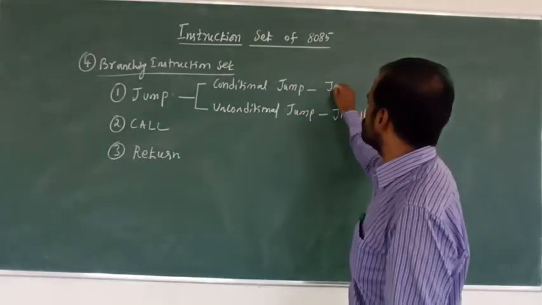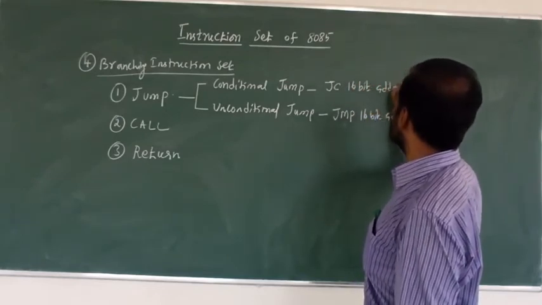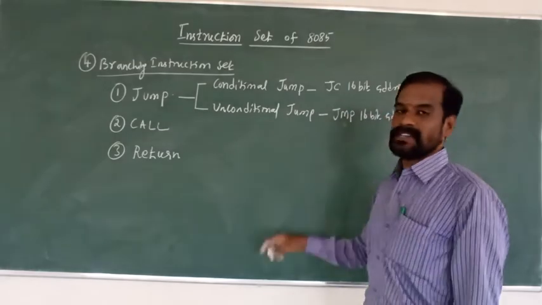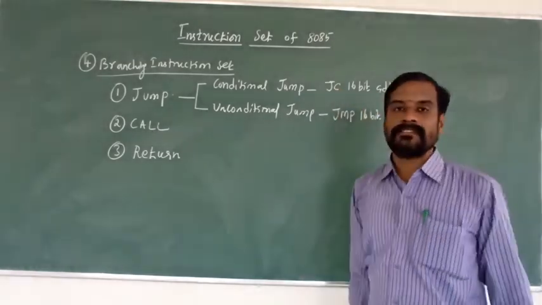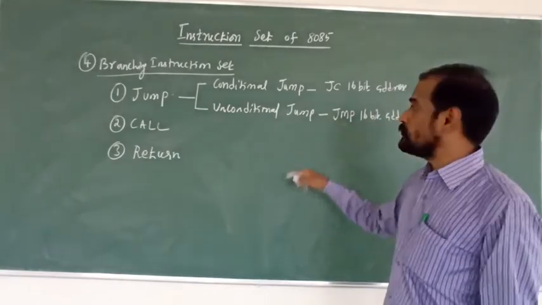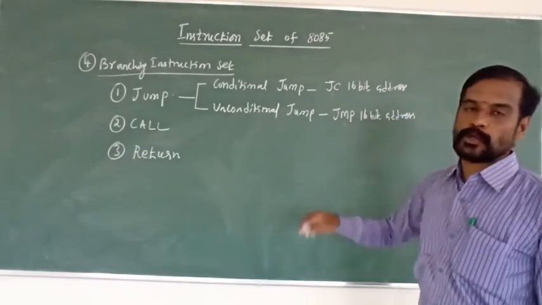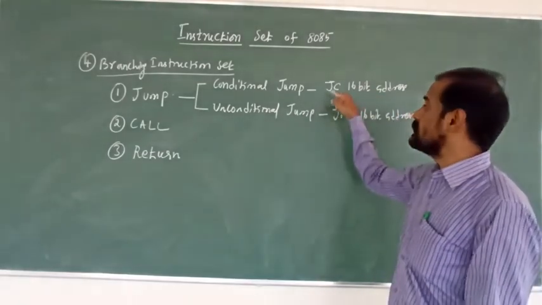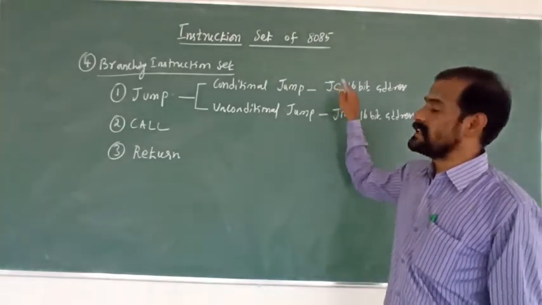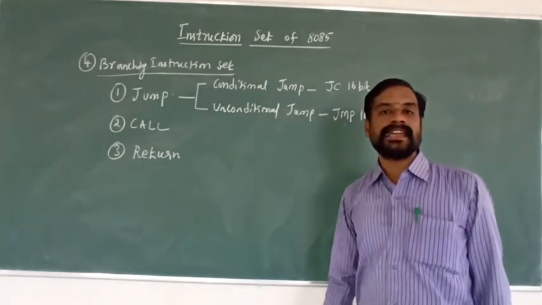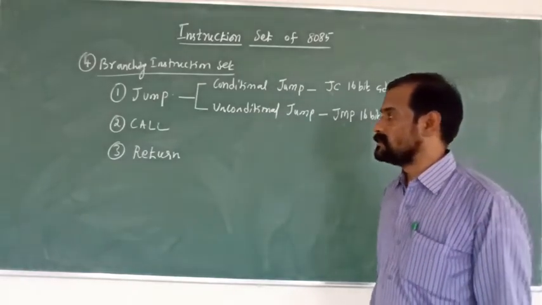Example, JC 16-bit address. Here JC means jump if result is carry. So this condition is satisfied, now jump to the given 16-bit address location. Otherwise, it will execute the next address location data. This is for conditional. In conditional, total 8 conditional jump instructions are available.